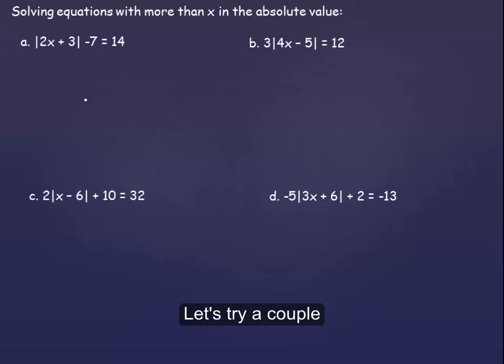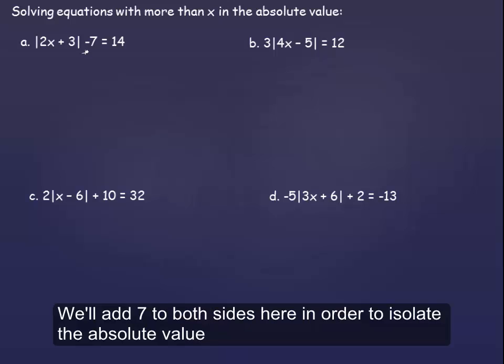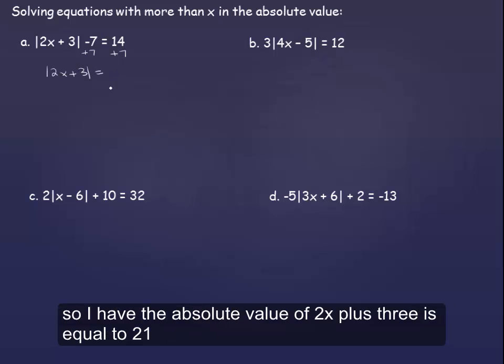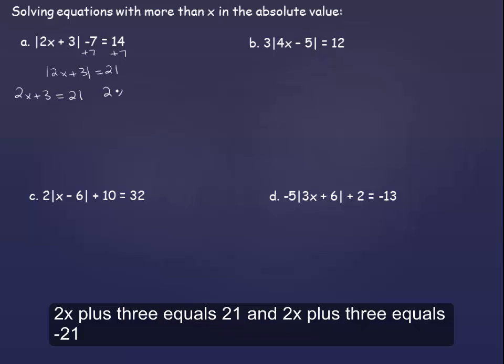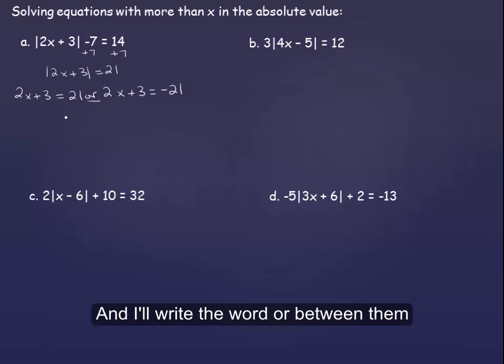Let's try a couple. We'll add 7 to both sides here in order to isolate the absolute value. So I have the absolute value of 2x plus 3 is equal to 21. I will split this equation into two. 2x plus 3 equals 21, and 2x plus 3 equals negative 21. And I'll write the word or between them.